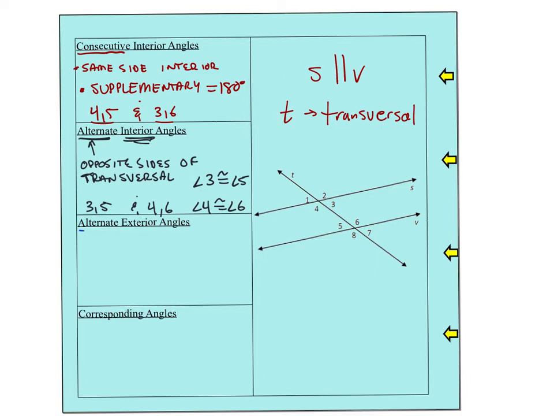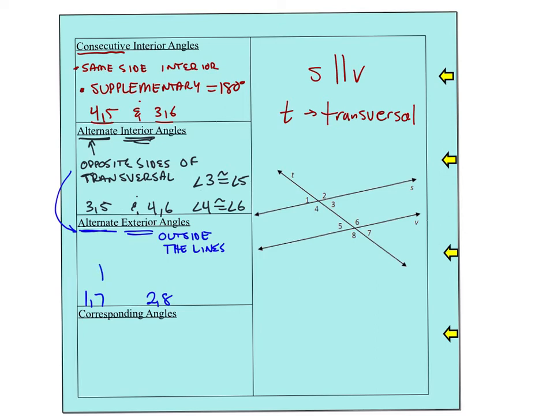Alternate exterior, same kind of thing, opposite sides of the transversal. Exterior means now that I'm outside the lines. So I'm looking at angle 1 and 7 and angle 2 and 8. Those would be alternate exterior angles, outside the lines.